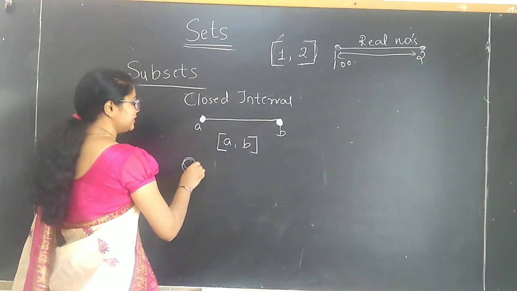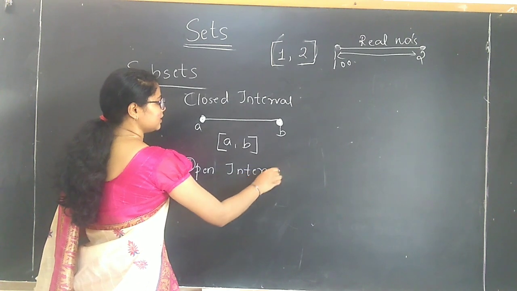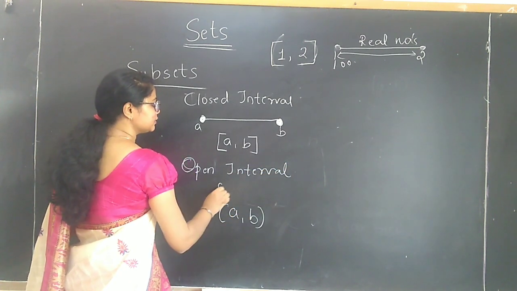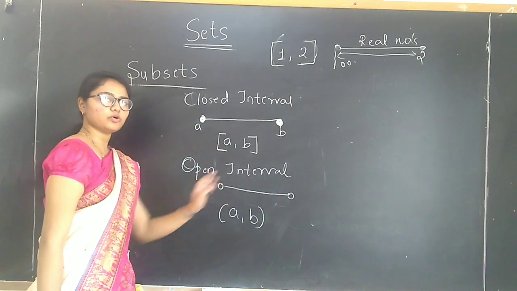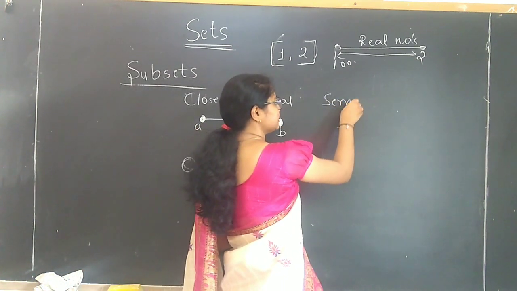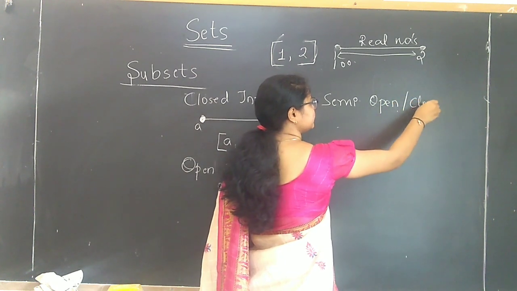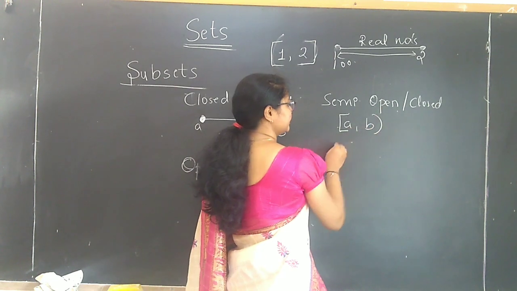Okay, if it is an open interval, same, but you are writing it in open brackets, so you should not shade these two. The end points should be kept open. If I take a semi-open or semi-closed interval, for example, if I write an interval like this, then what do I have to do?